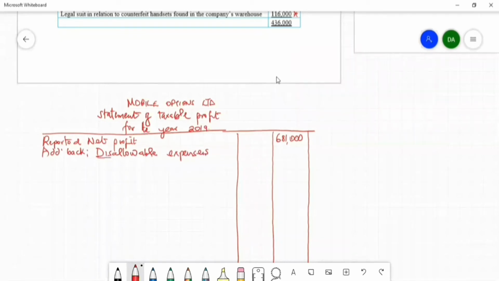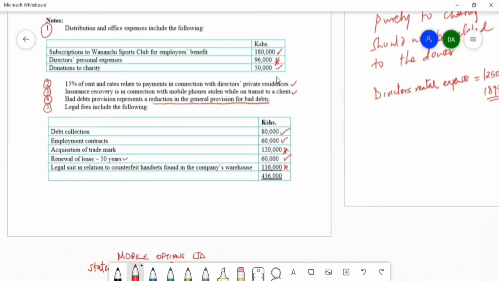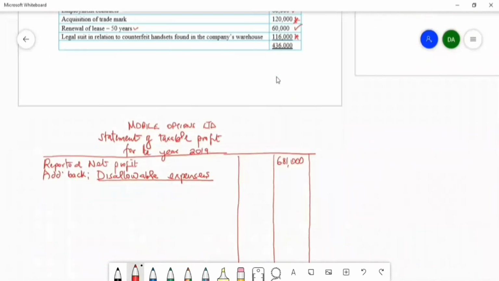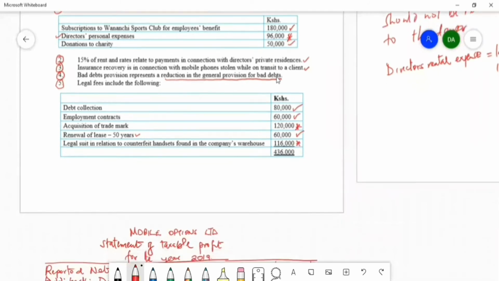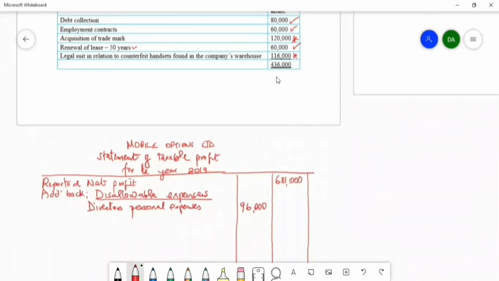Now, the disallowable expenses that we have, we want to start from the ones we have analyzed already in the additional information. The first one we have is director's personal expenses. The first disallowable expense. The amount of director's personal expenses is 96,000.